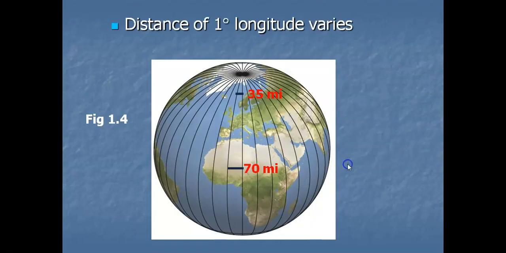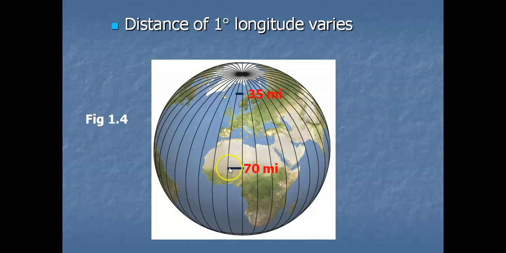The thing about lines of longitude, they're not parallel to one another. And so you can't do that simple measuring of latitude as a distance because the lines converge at the poles. Where you've got the bulge near the equator, let's just pretend this is the distance of 1 degree of longitude, even though it's much larger than that.